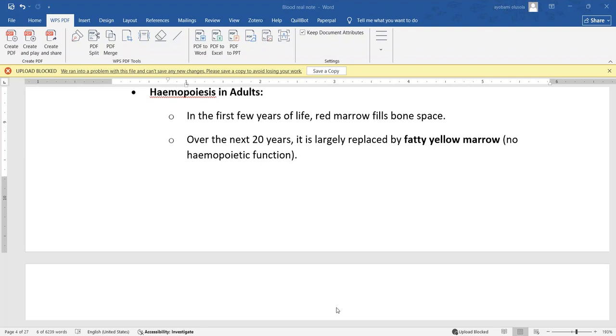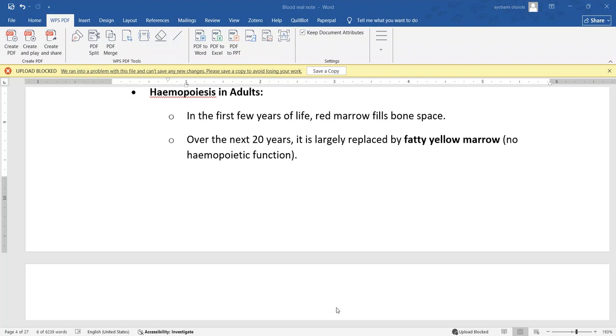But when you were probably a baby, it was not like that. As you keep growing, yellow marrow replaces red marrow, and this yellow marrow does not have hemopoietic function. It means that the yellow marrow cannot produce blood cells, but the red marrow can.